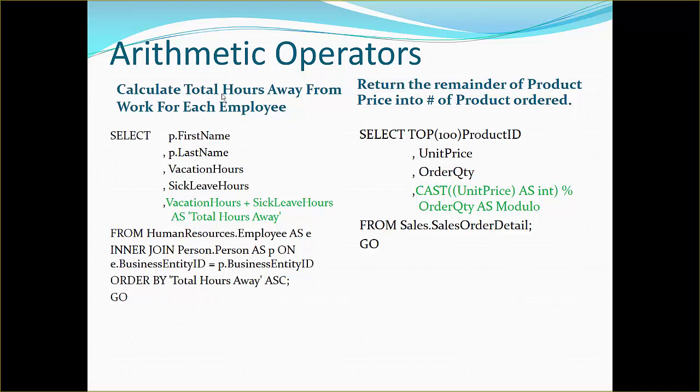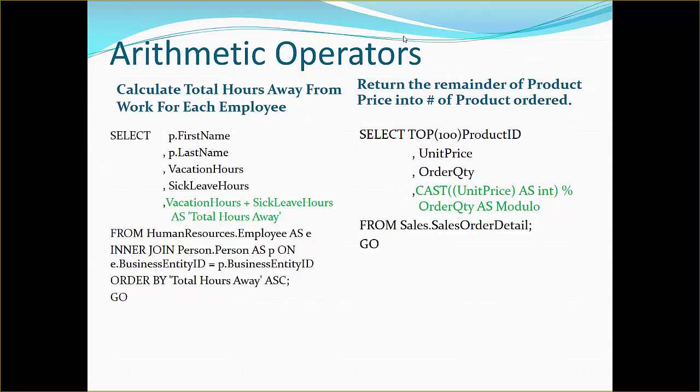Now, the total hours away from work is an addition of the vacation hours and the sick leave hours. And so you can see how this is implemented. It's implemented as VacationHours plus SickLeaveHours, as we already know what the AS keyword does, AS TotalHoursAway.